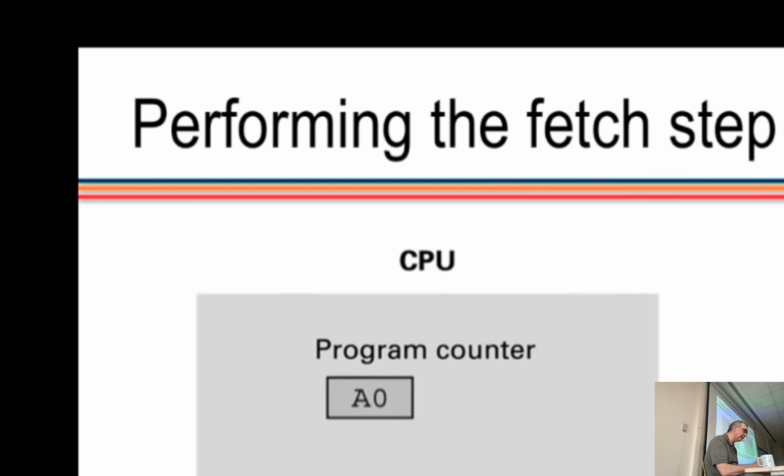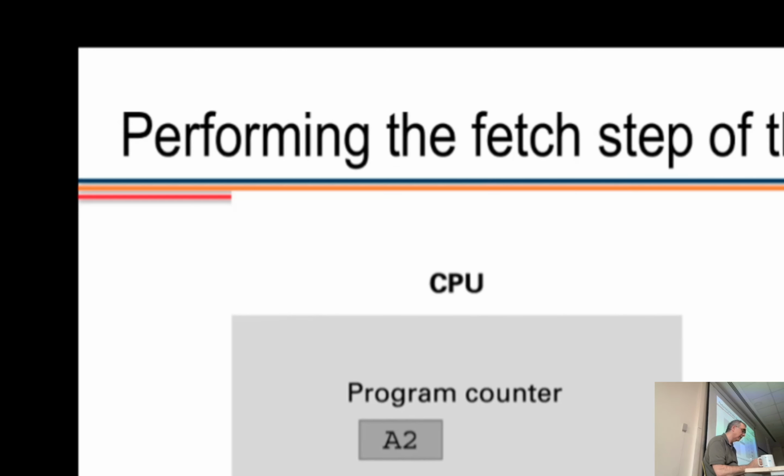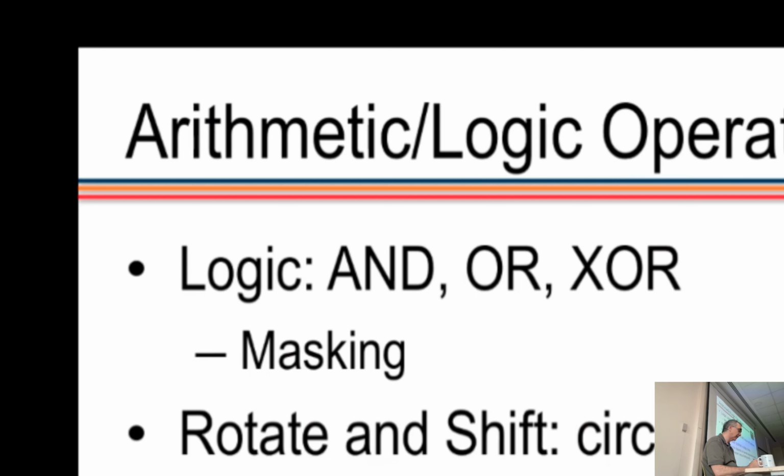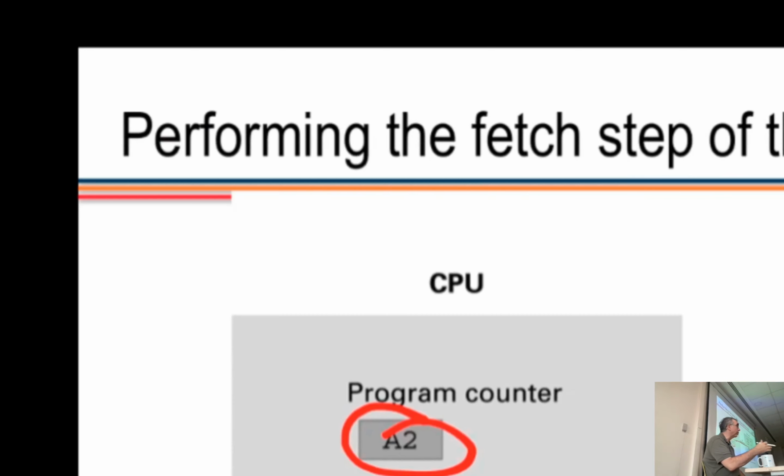This 1560 goes into the instruction register. 1660 is there. Program counter is A2. But the next instruction, 1660, is loaded. And so on. Any questions?